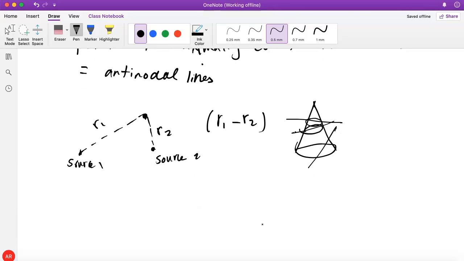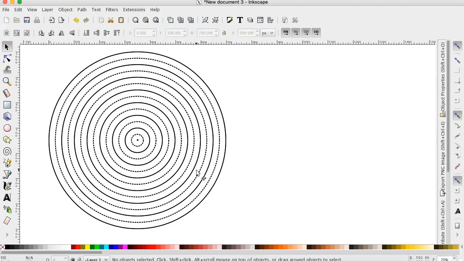All right, so let's practice a little bit, and that's something that you also practice somewhat in the lab with this setup. So let's say I have two sources and they're now right on top of each other. So I just see one set of wavefronts.